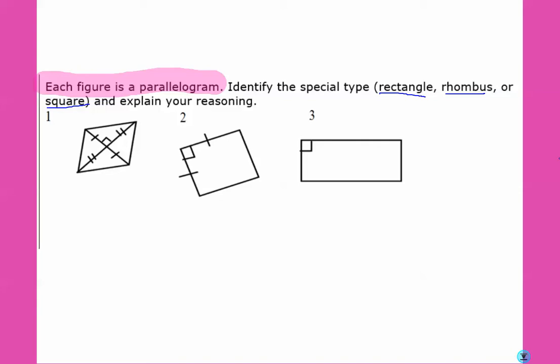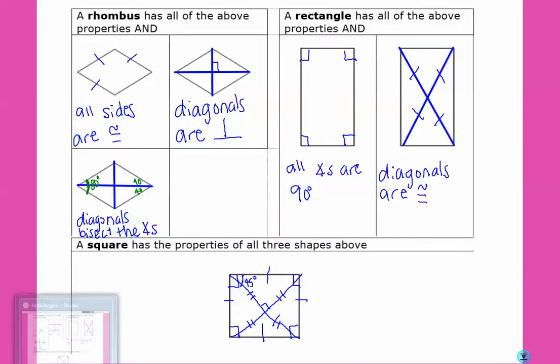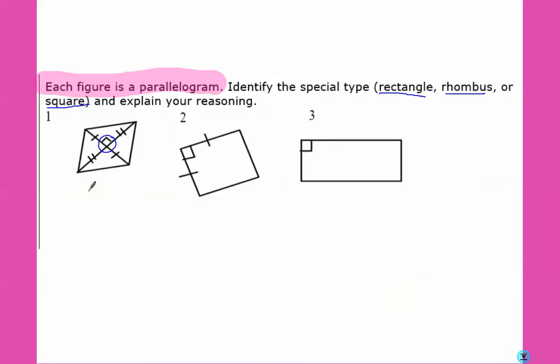So this first one, the special thing here is that the diagonals meet at a right angle. Well, which quality was that? That's for a rhombus. So we know that this is a rhombus because the diagonals are perpendicular.